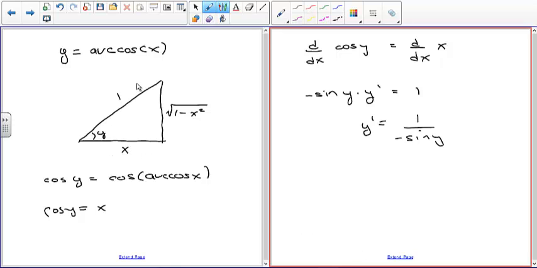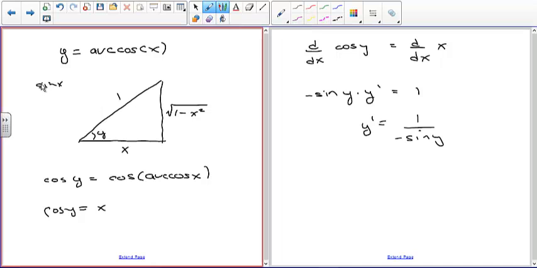But based on how we specified this triangle, the sine of y is equal to the length of the opposite side divided by the hypotenuse. So the sine of y is the square root of 1 minus x squared.